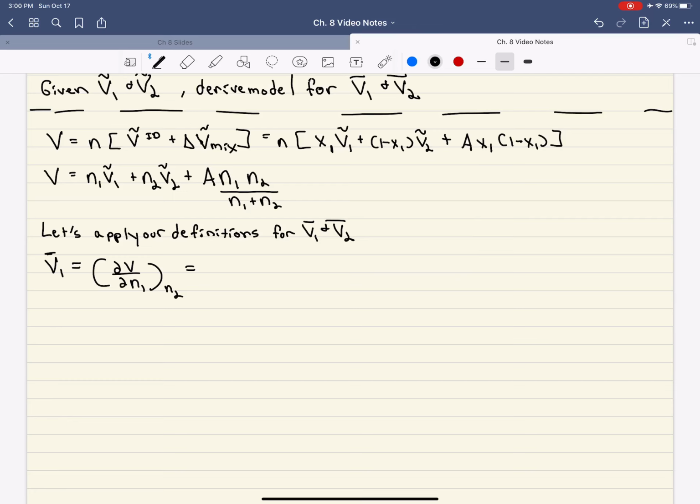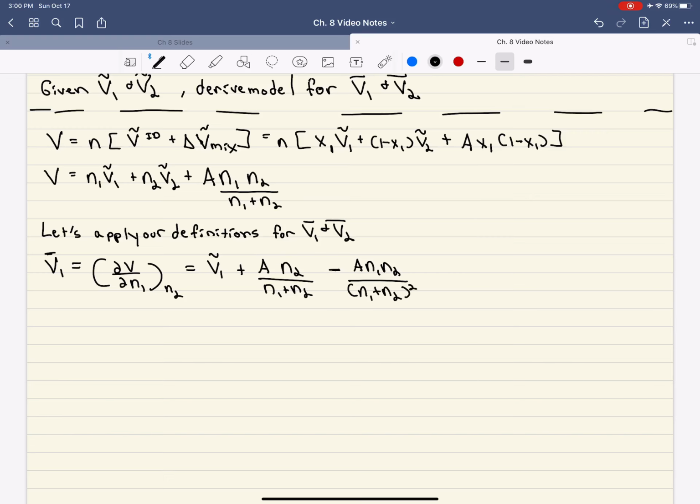First term, the derivative is just V1 tilde. There's no N1 here, so that term just goes away. Here we have an N1 in both the numerator and the denominator, so we have to apply the quotient rule, or split it up and apply two product rules. In any case, we get something that looks like this, over N1 plus N2 squared. Okay.